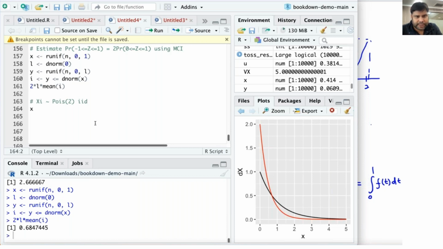So x is, let's take samples up to 10,000. x is rpois(n, lambda), and what is the value of lambda we are taking? 2.